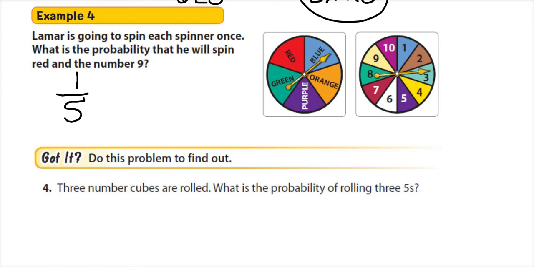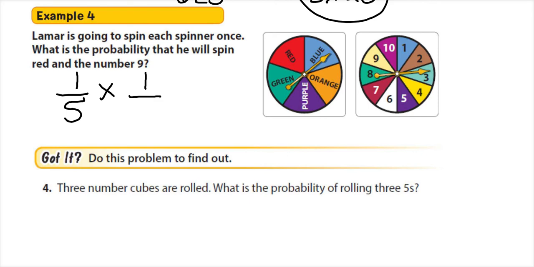Now, when you do multiple events, you're going to multiply in the middle. Multiple events, multiply the results together. All right. Then he has to also spin a 9. All right. Well, there's only one segment up there that has a 9 on it. And there are 10 segments.